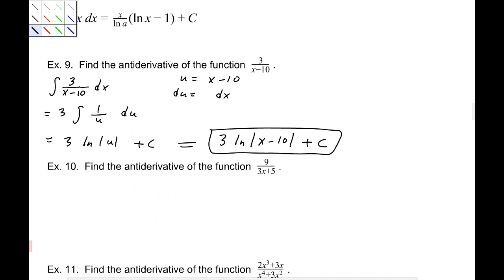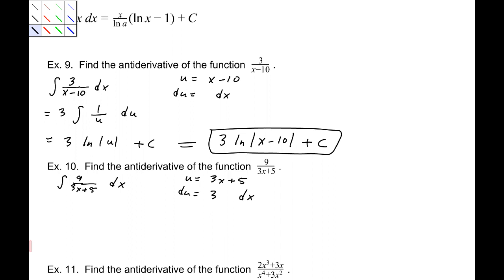Okay. Now let's try number 10. We've got the antiderivative of 9 over 3x plus 5 dx. Same idea, we're going to use u equal to 3x plus 5, which makes du 3 dx.